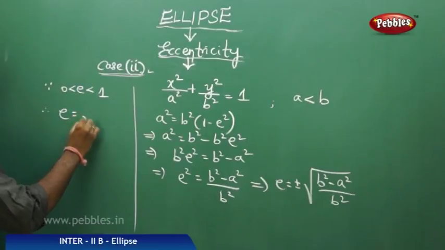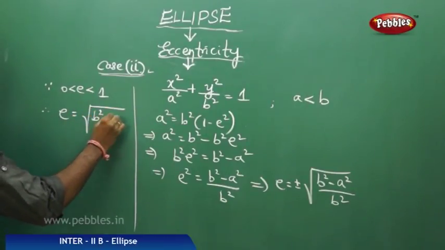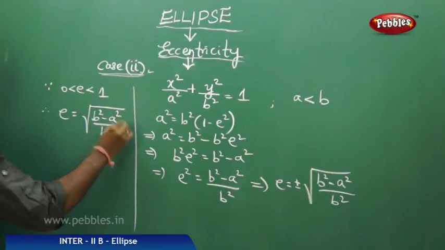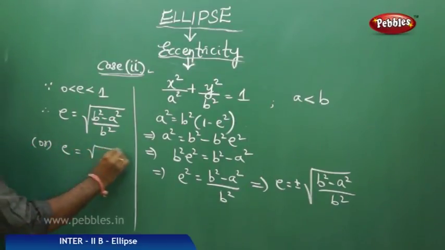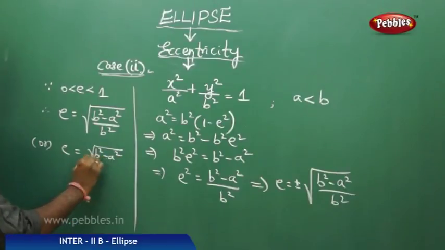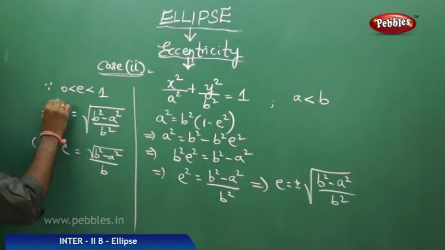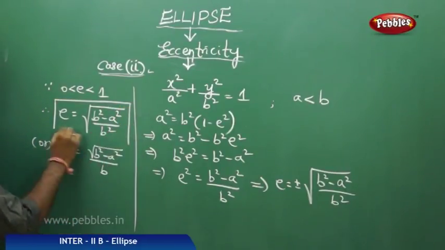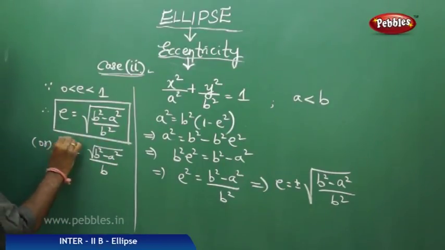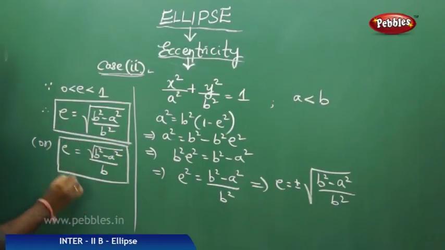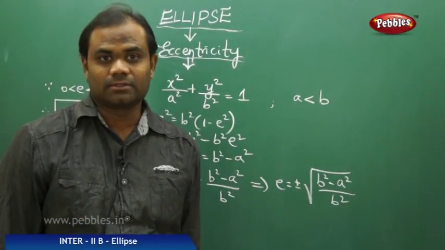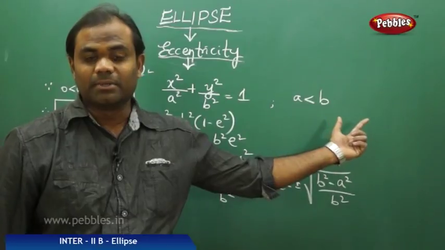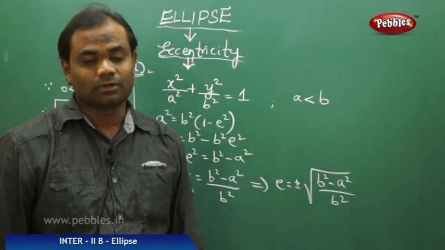Therefore, e is root of (b square minus a square) by b square, or e is root of (b square minus a square) by b. This is how I get the eccentricity formula connected with the equation of the ellipse, with a less than b as case 2 of the formula.